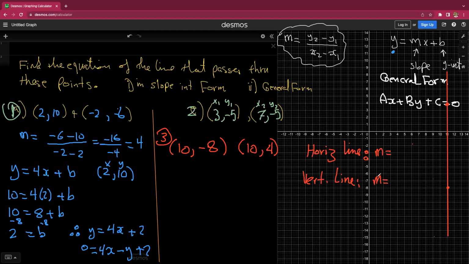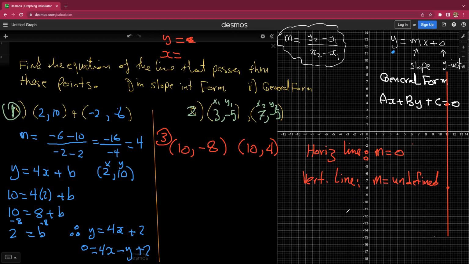And what's the slope of a vertical line? I mentioned that earlier. For a horizontal line, the slope is 0. For a vertical line, we said the slope is undefined. Listen to what I'm saying really carefully.